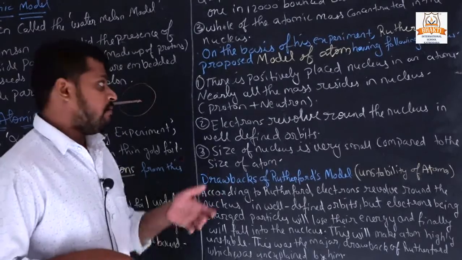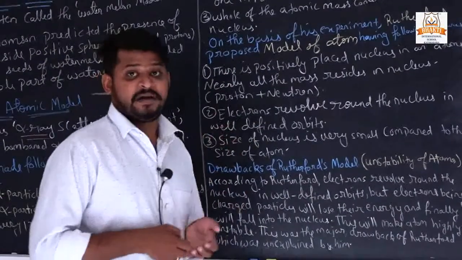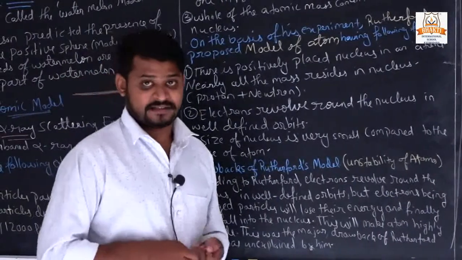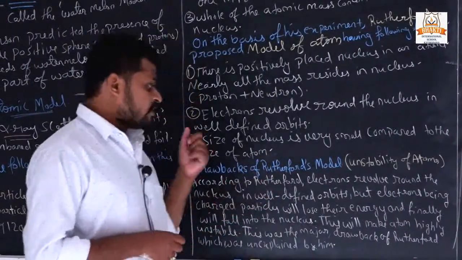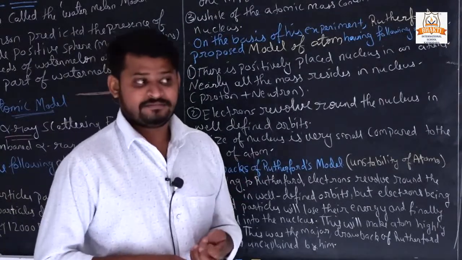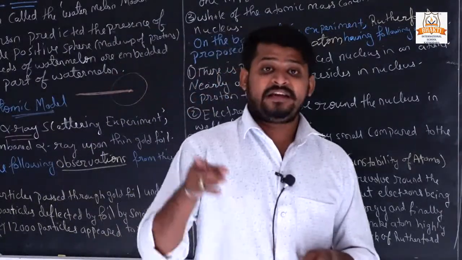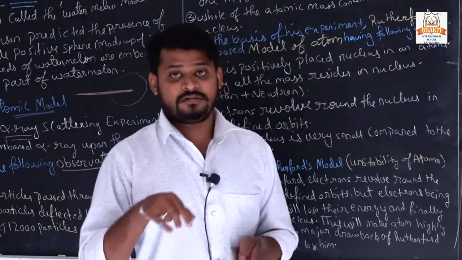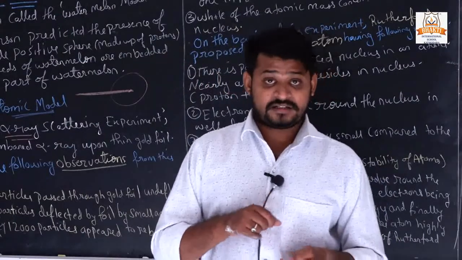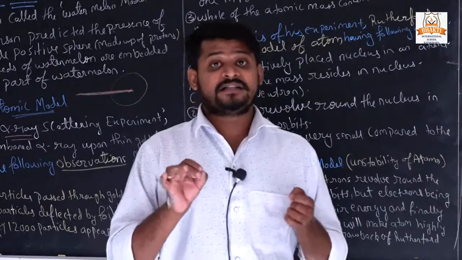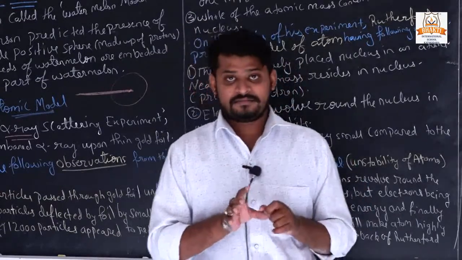But this experiment also has some drawbacks, some limitations. What were the drawbacks? Instability of the atom. When electrons are revolving around the nucleus, why don't they strike the nucleus?